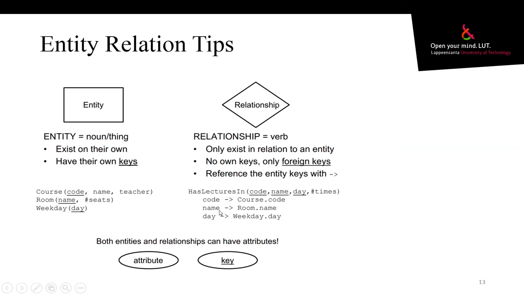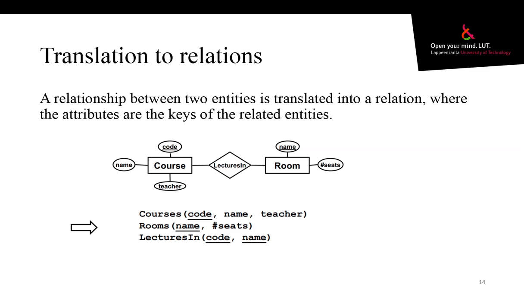Same for name, it has to relate to the same key in the room entity, and also for the day of the week. This is something you have to keep in the back of your mind and use whenever you're trying to map any relationship. And as I was about to show you the example before, I had to at least explain some important aspects that you should take note of.